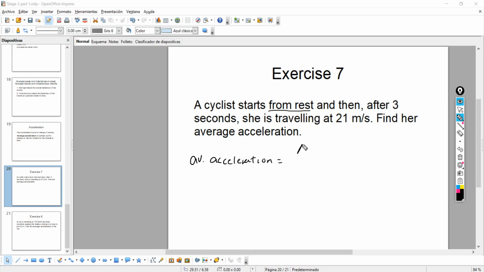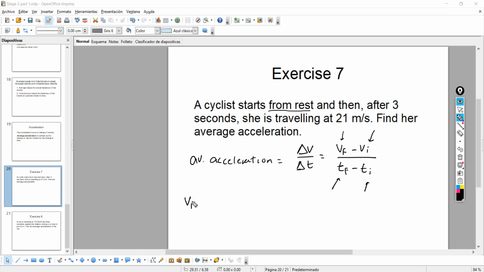By definition, that's the change of velocity over the change of time. And what that means is final velocity minus initial velocity over final time minus initial time. So let's see first what all of these quantities are for my specific motion.